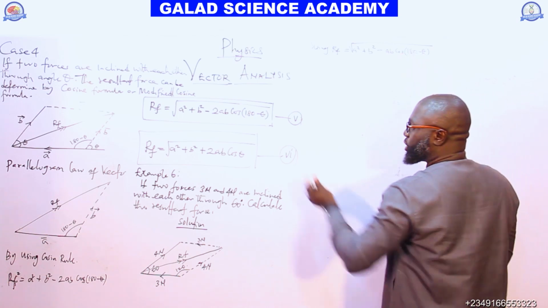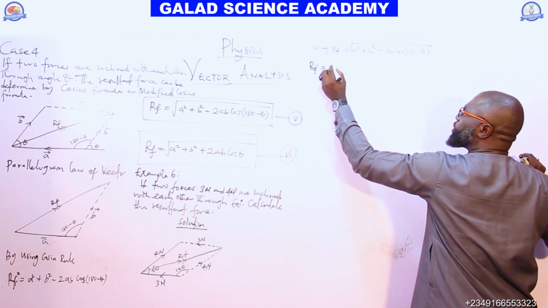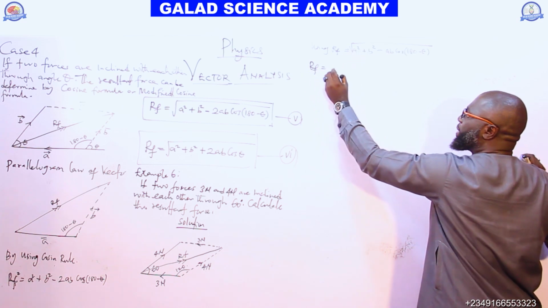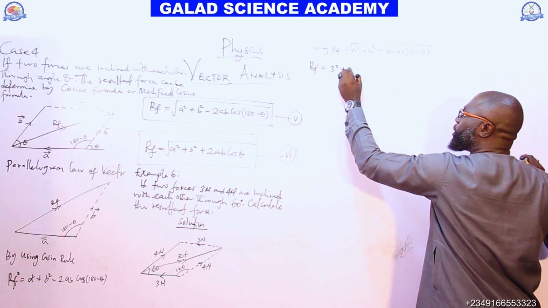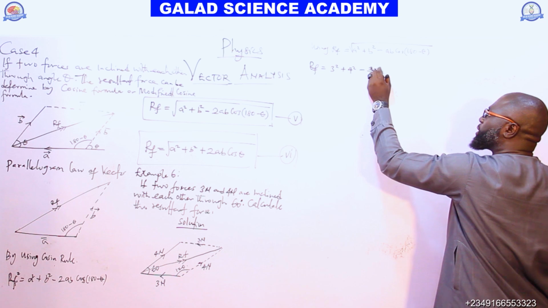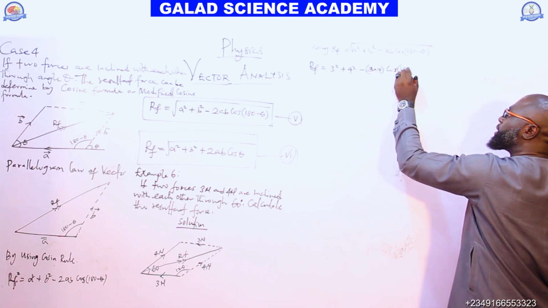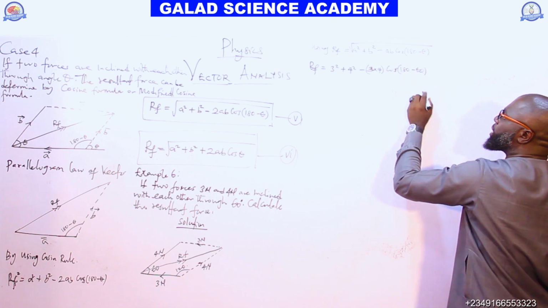To confirm whether the two formulas agree, the resultant force is the square root of 3 square plus 4 square minus 3 multiplied by 4 times cos of 180 minus 60.